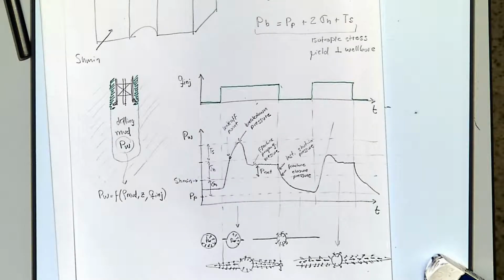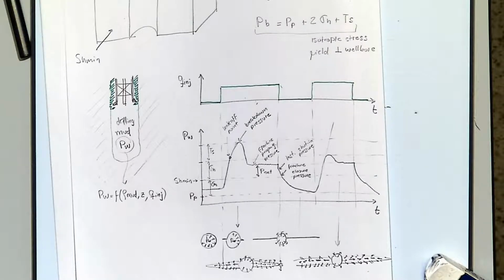Why do you want the minimum principal stress? Because you need that value to calculate breakouts, to estimate tensile fractures, and many other things that are useful for geomechanics.